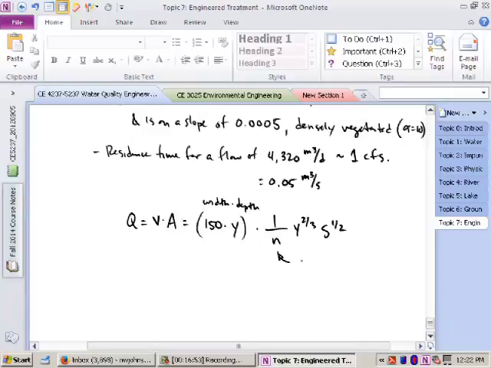In this case, n would be 10 over y to the 0.5, or the square root of y, and sparing the details, we could solve for knowing that Q is equal to 0.05 meters cubed per second. We can find that the water depth is equal to 0.069 meters.